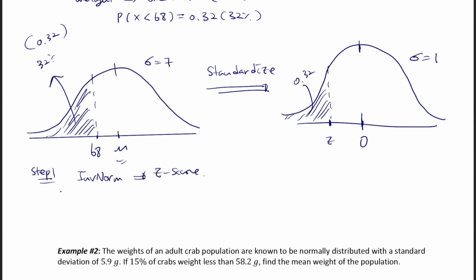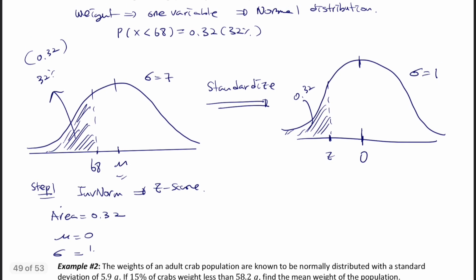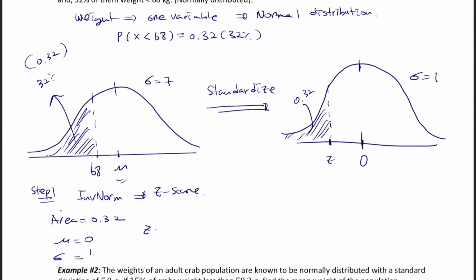With the inverse norm function in your GDC, we use the area equal to 0.32, the mean will be 0, and the standard deviation is 1. Then that z-score is negative 0.4277.